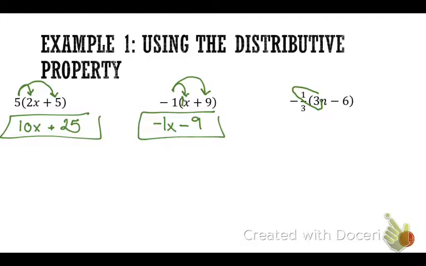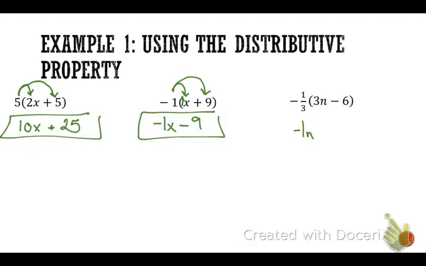What's 3 times 1? 3. And then you're dividing by the denominator. What's 3 divided by 3? 1. Since I have how many negatives? 1 negative. It's going to be -1n. So with fractions, when I'm multiplying a fraction by a whole number, I multiply by the numerator and I divide by the denominator.